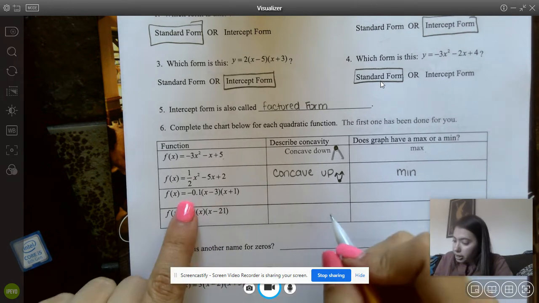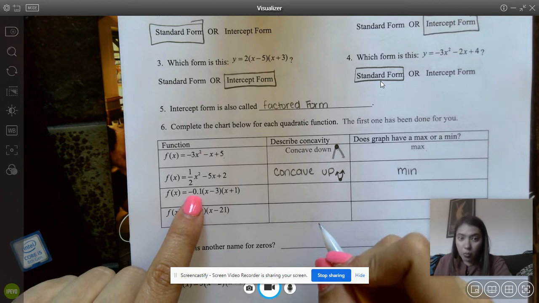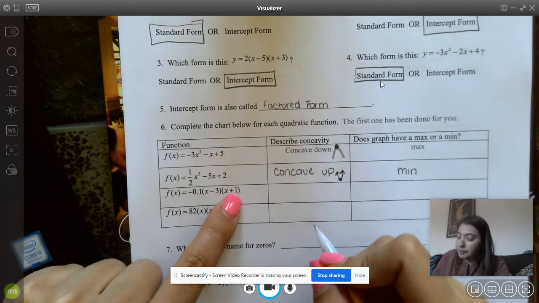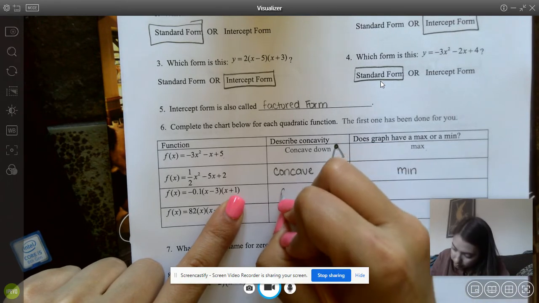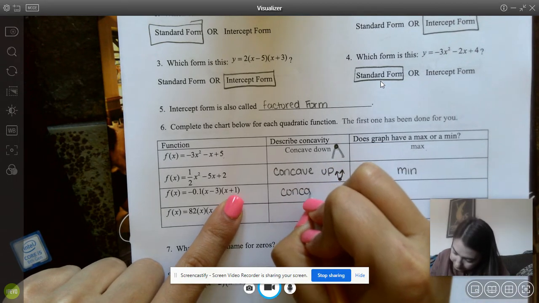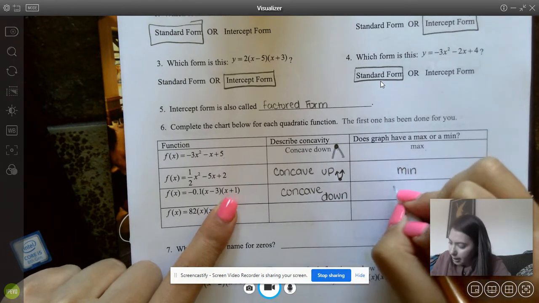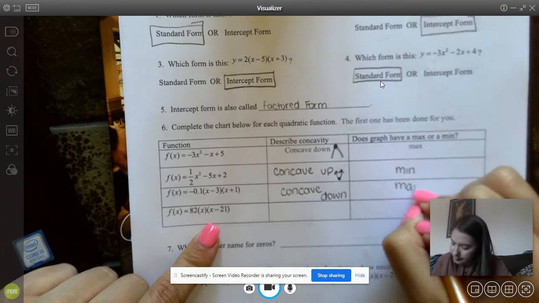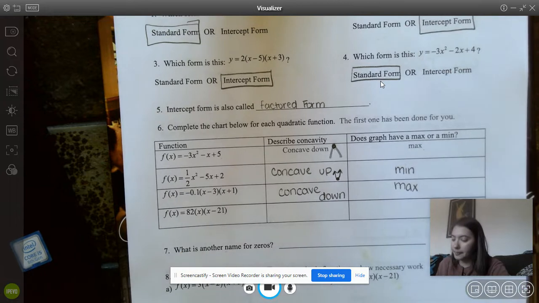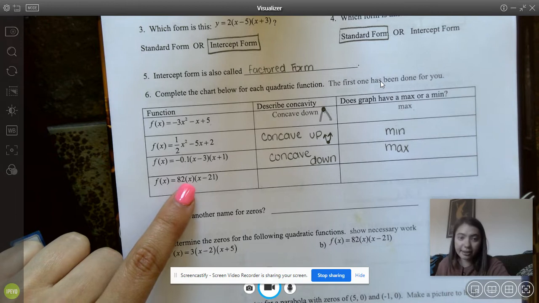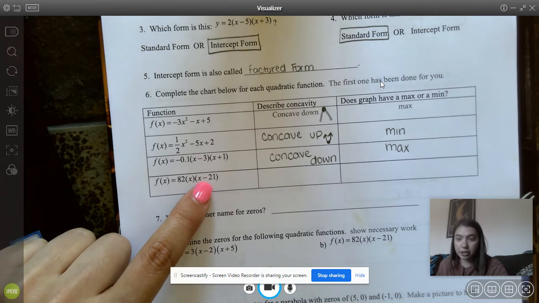Okay. Function number 3, negative 0.1 times the quantity x minus 3 times the quantity x plus 1 is going to be concave down because of the negative out in front. And we know that concave down parabolas have maximum values. Okay. And then last but not least, we see the function 82 times x times the quantity x minus 21.